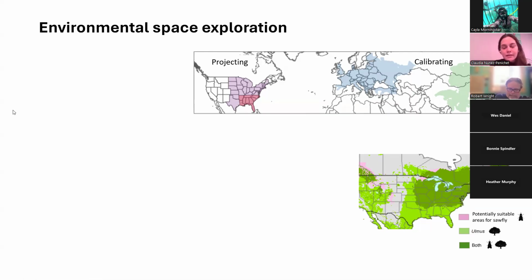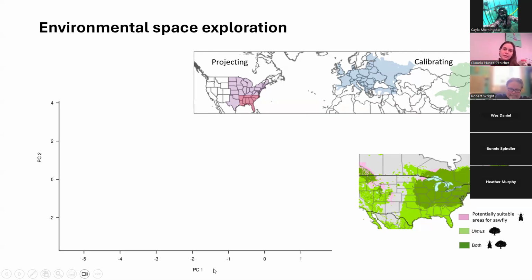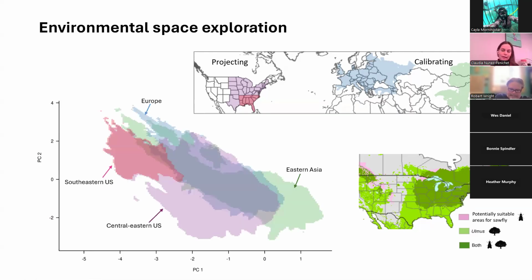And if we represent the environments of these areas in two principal components, principal component one on the x-axis and principal component two on the y-axis, we get this cloud of points.